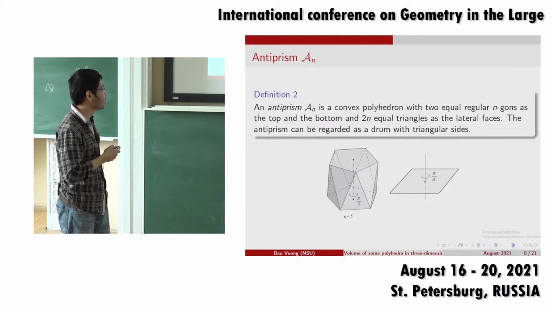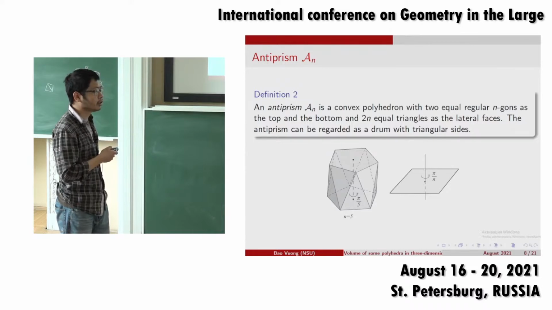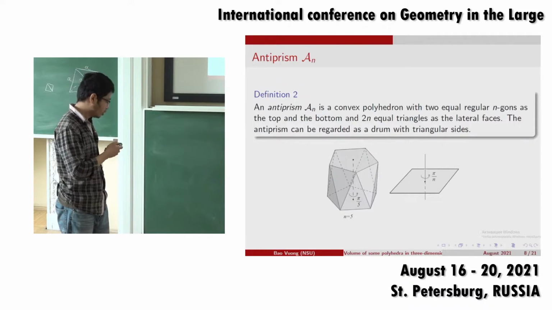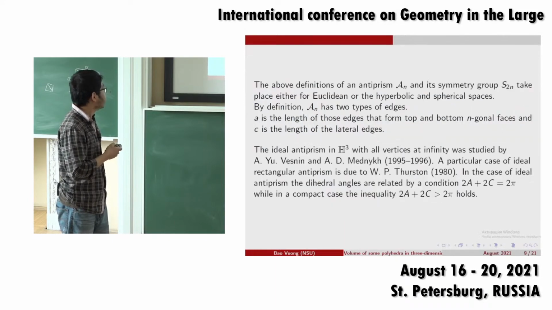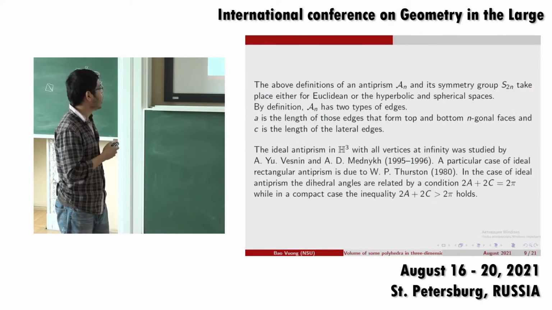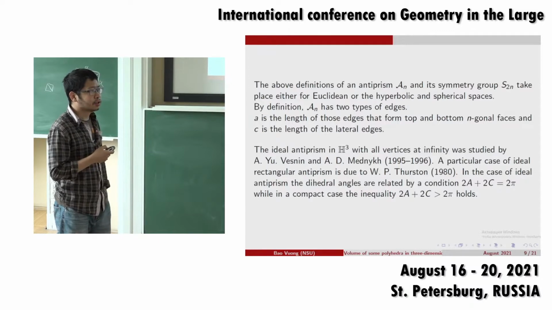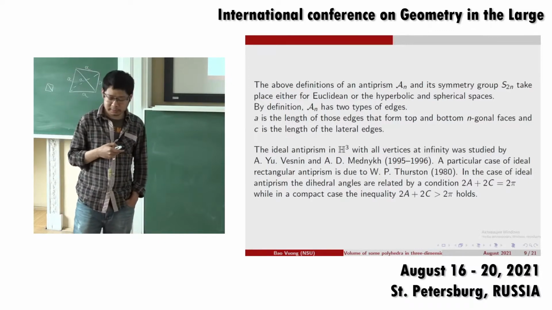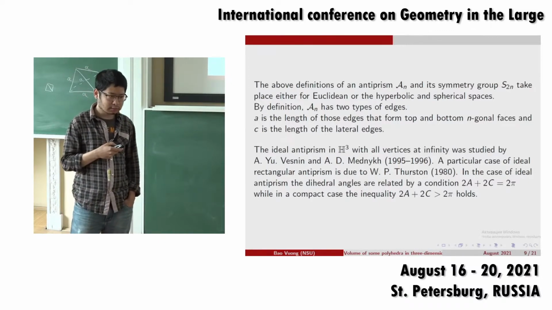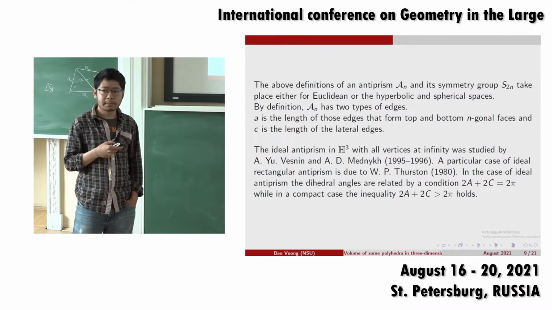The antiprism has rotational reflection symmetry, and the definition takes place in either Euclidean, hyperbolic, or spherical space. To define an antiprism, we need two parameters.